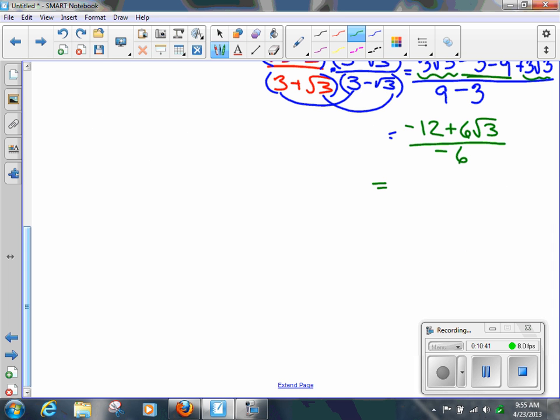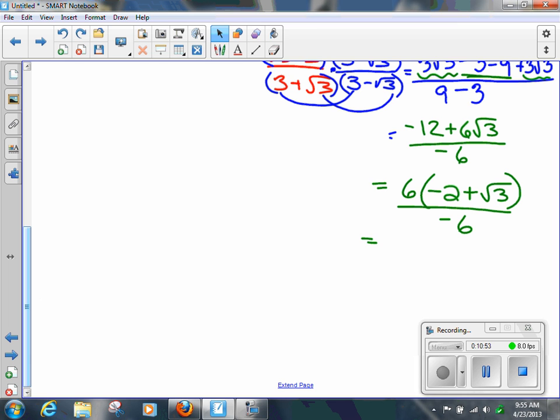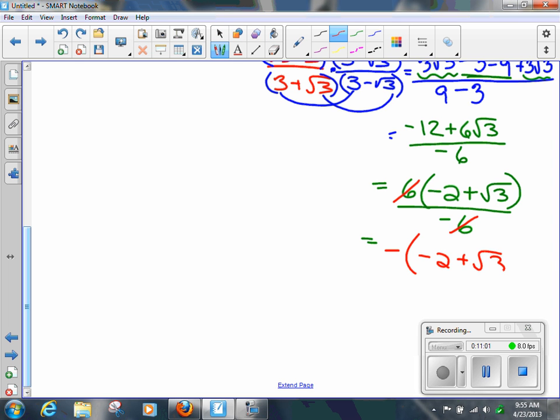And then you guys know I'm going to factor out the GCF, so I'm going to factor out 6, which is negative 2 plus root 3 over negative 6, which is going to give me negative quantity... and positive 6.